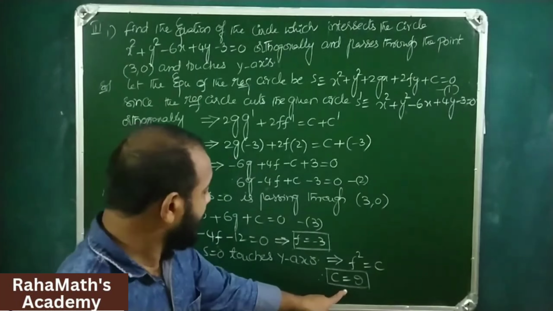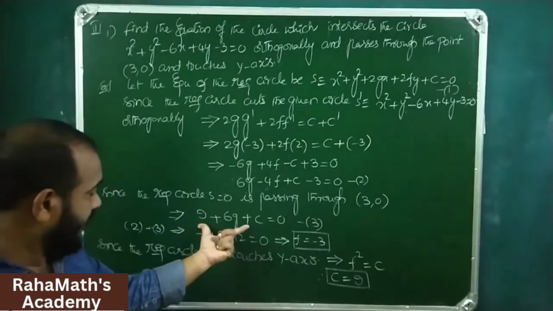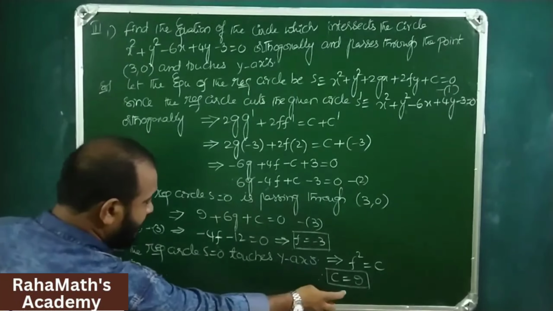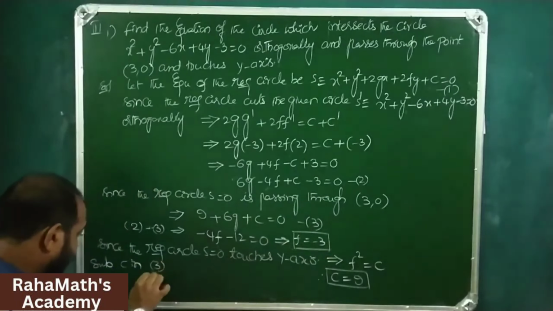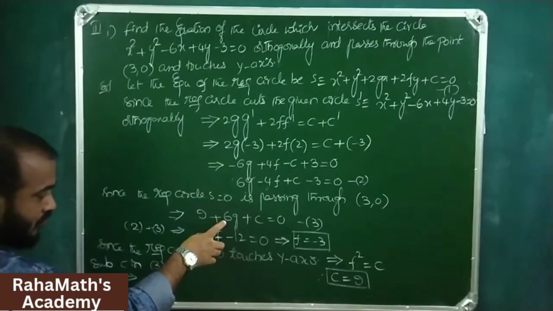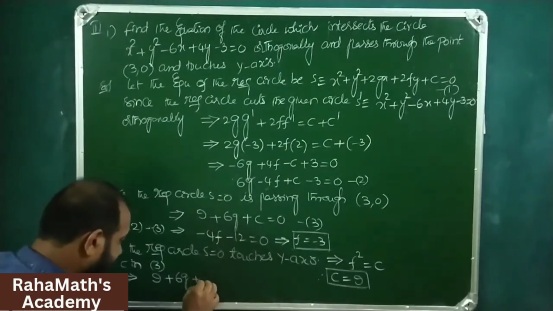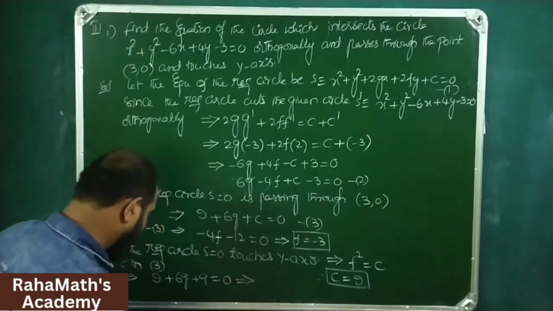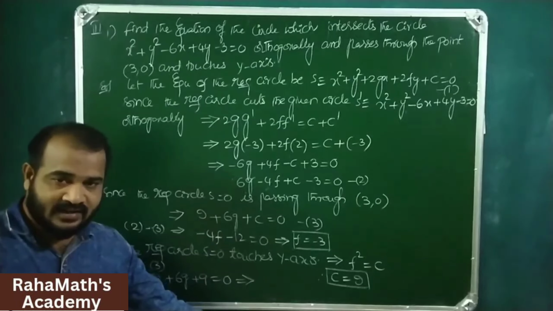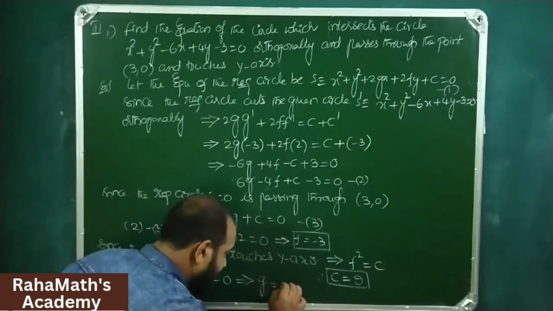I have the f value and c value, so we require the g value. Let us substitute c in equation 3. Then 9 plus 6g plus 9 equals 0. This implies 6g, 9 plus 9, 18, 6g equals minus 18, g equals minus 3.